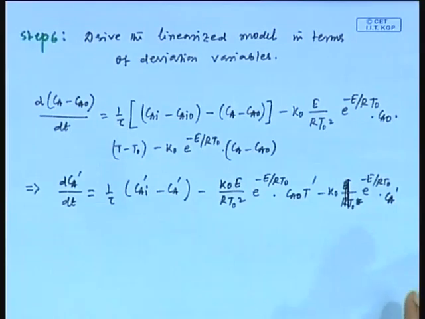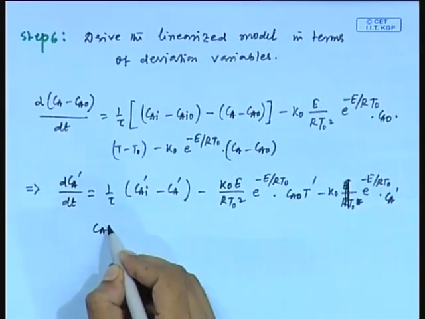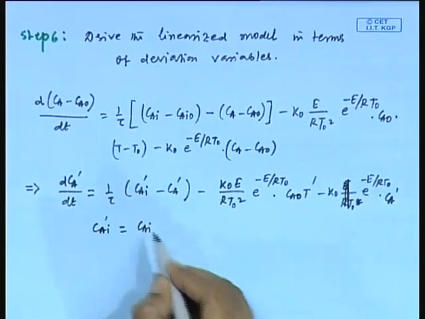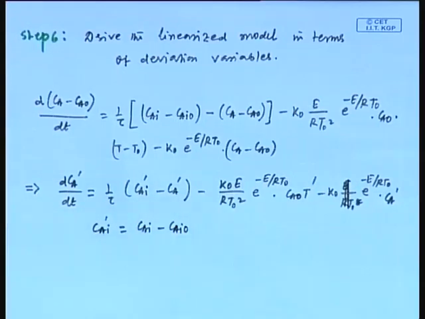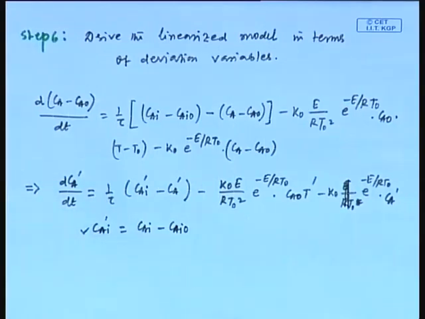Fine. So, here we are considering basically C A I prime, that is C A I minus C A I naught. This is one deviation variable we have considered in this equation.